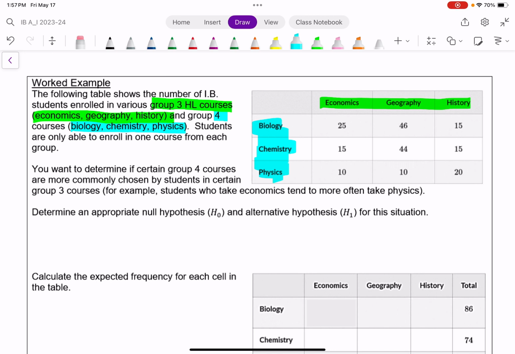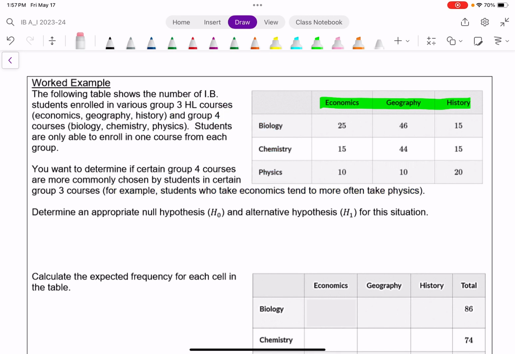We want to determine if the decision to take a particular economics, geography, or history course is somehow dependent on the decision to take a particular biology, chemistry, or physics course, or if they are all independent, if there's no relation between students who take one course and the others. For example, if students who take economics tend to more often take physics, then these two are not independent of one another. But if that's not the case, they may be.